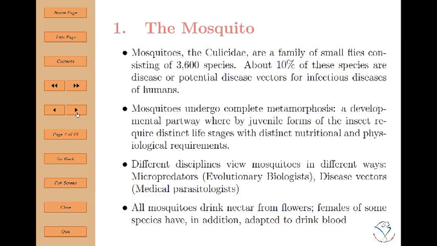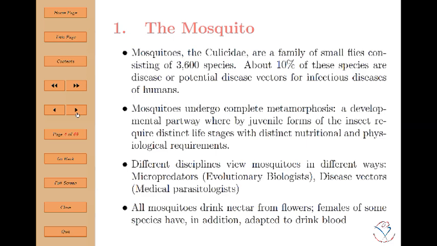The mosquito is a family of flies that are capable of interacting with humans. We know about 3,600 species of mosquitoes that can interact with humans, but only about 10% of these can carry disease.